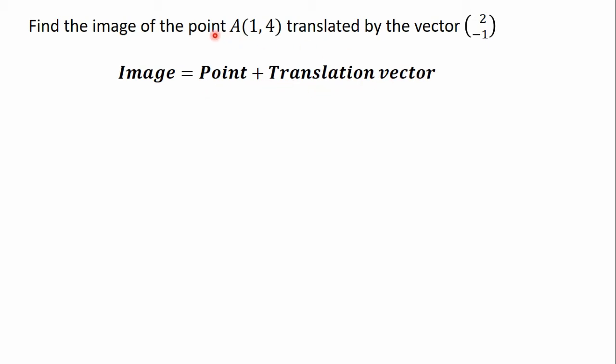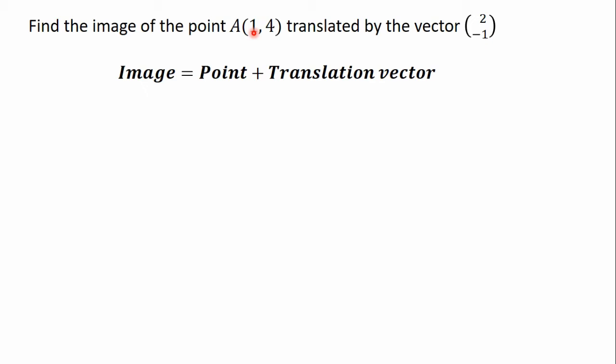And we want to find the image. But as we learned in the previous video, the translation vector is in the component form. So we have to also express the point in the component form.